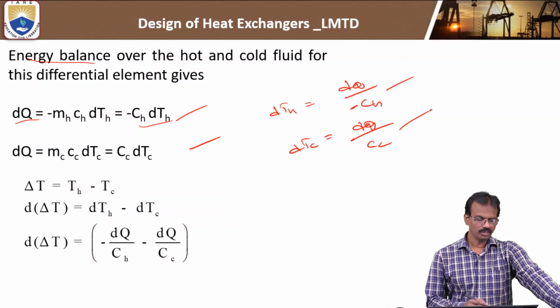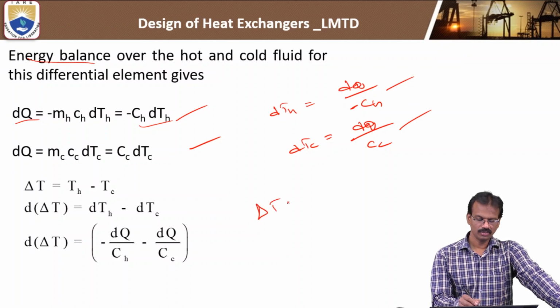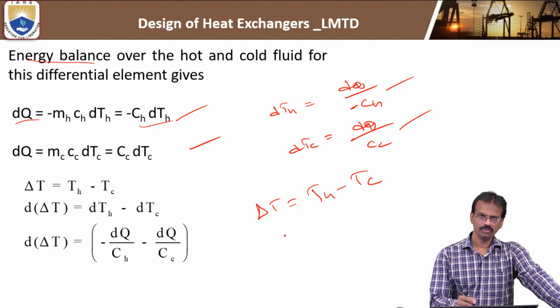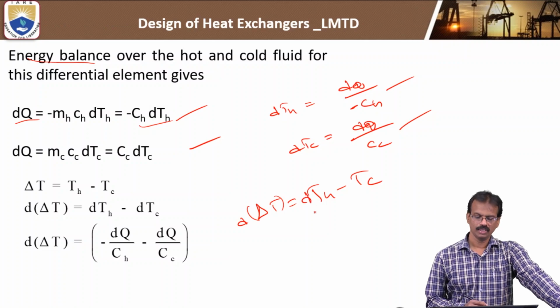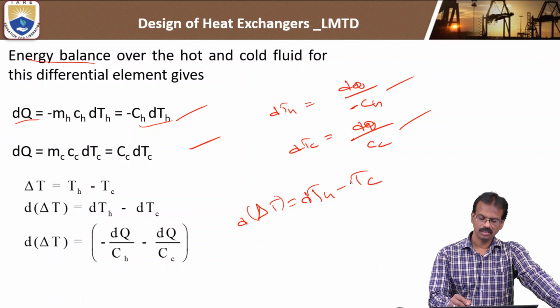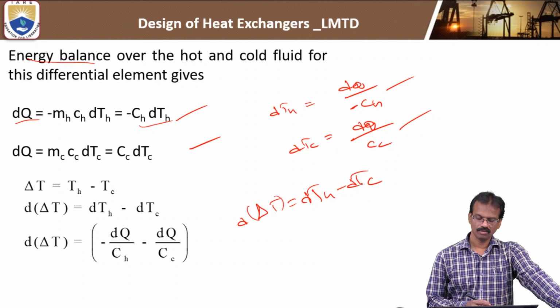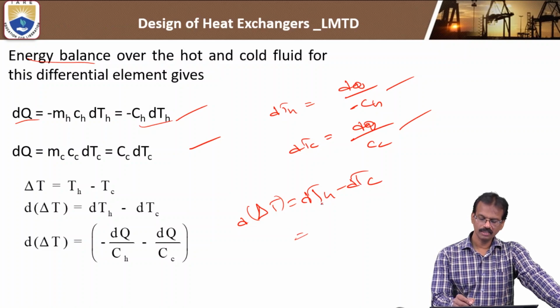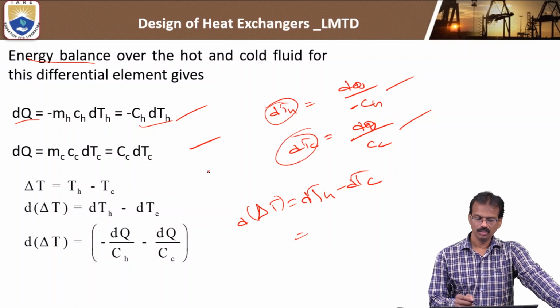Okay. We know that the temperature difference delta T is equal to hot fluid temperature minus cold fluid temperature. If you take the derivative on both sides, the derivative of delta T is the derivative of TH minus the derivative of TC, that is, dTH minus dTC. Here we can take these values instead of dTH and dTC.